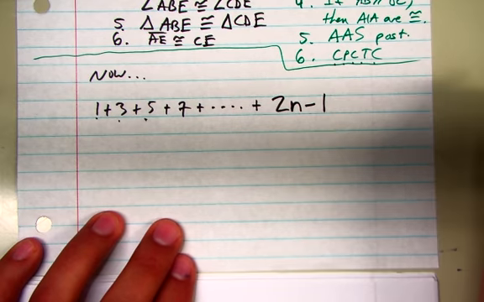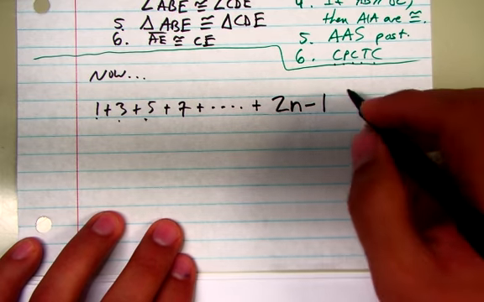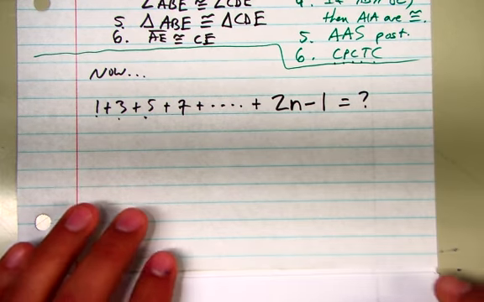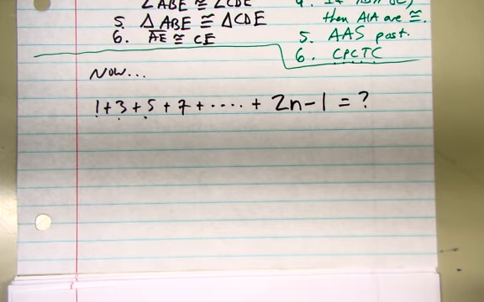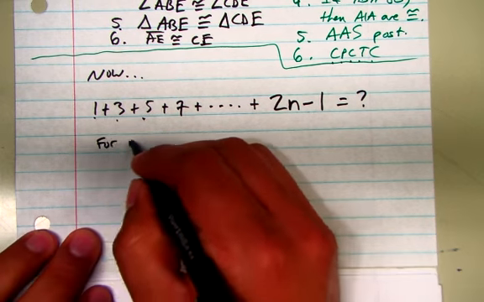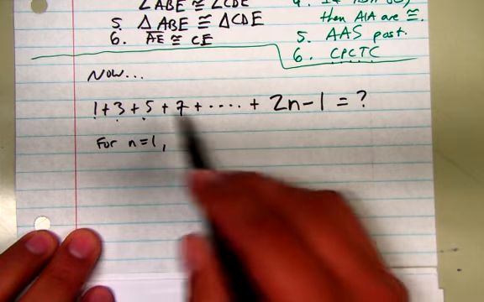Okay. So the idea here is to come up with a conjecture. We're going to go from start to end. What is this going to become? We want to know what this ultimately equals. So what we'll do before we introduce what induction looks like is just explore. For n equals 1, we got 1, right?